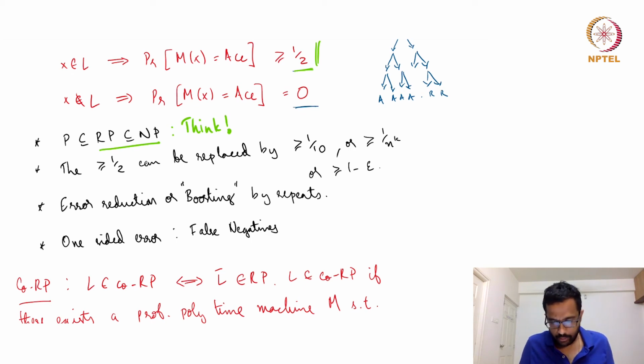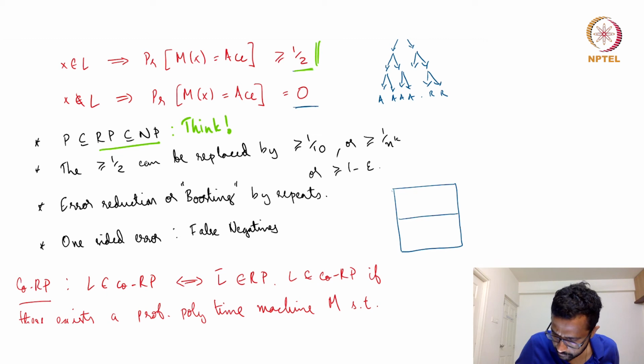The boosting I have already mentioned, and it's a one-sided error. So whenever X is in the language, maybe this is best explained by writing a table. There are two possibilities: X is in the language and X is not in the language.